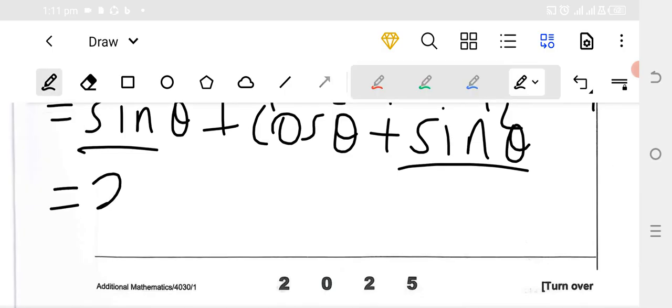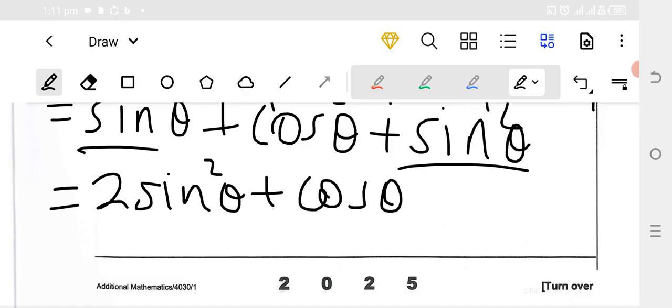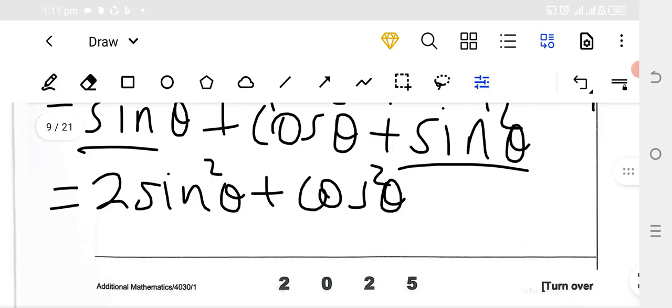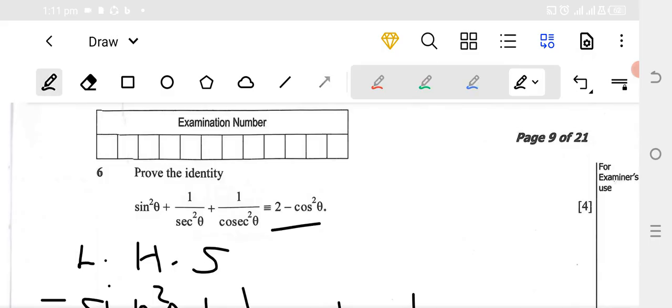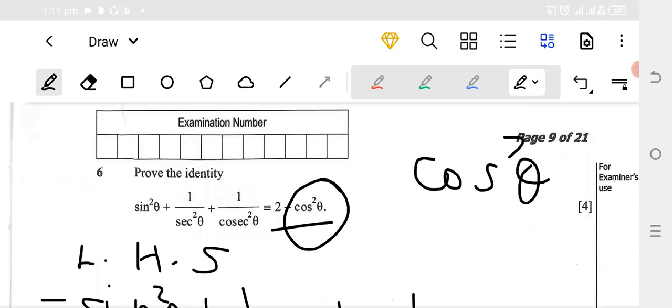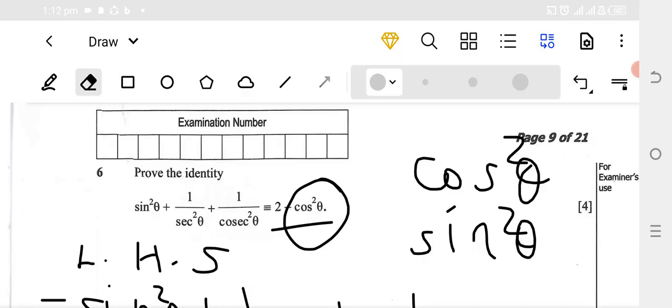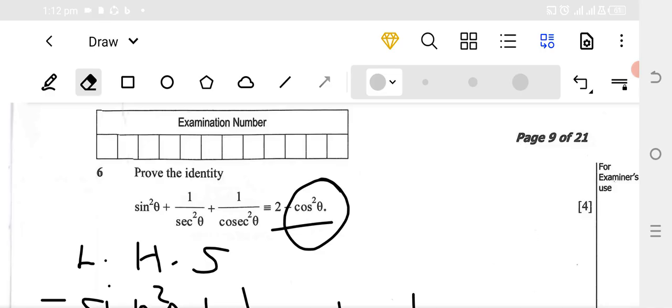It's going to become 2 sine theta squared plus cos theta squared. Now if you look at the right hand side of the equation, there's only cos theta squared, there is no sine theta squared.